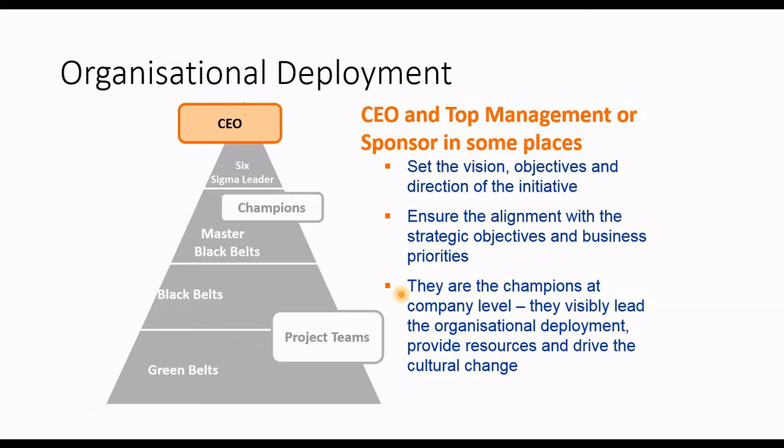We have seen champion is the leader of a function or a department. But a CEO can be regarded, or the top management can be regarded as the champion of the entire organization. So they visibly lead the organizational deployment and provide resources and drive the cultural change for Six Sigma projects deployment.